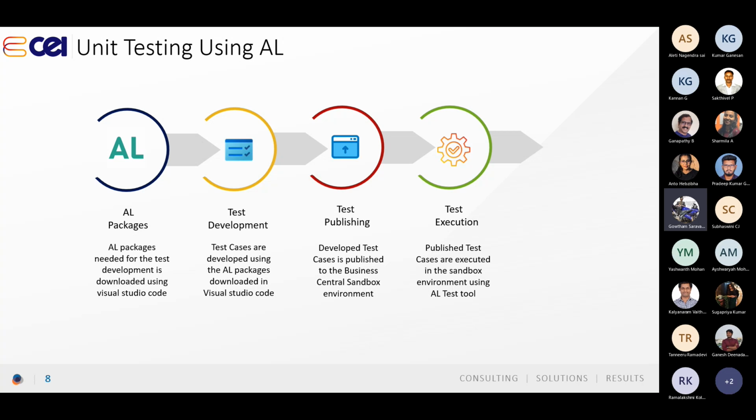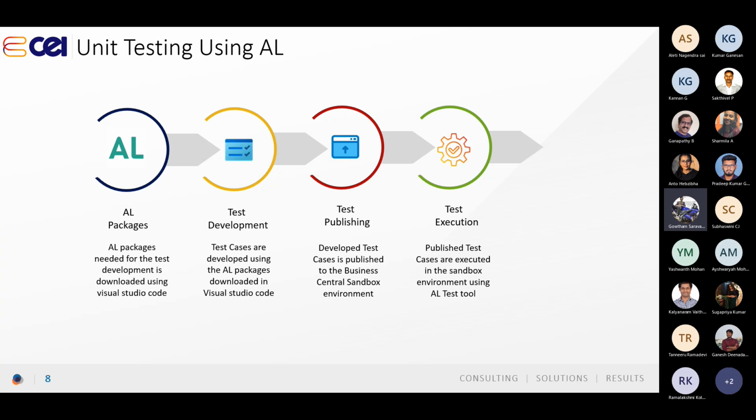Okay, so this is the same process. We will download the AL packages using Visual Studio Code from the Business Central application. Once the packages are downloaded, we can develop the test case by using the downloaded packages. One more main point is that test cases or development, everything is written as a codeunit, and this codeunit ID ranges within some values and it should be maintained within that.